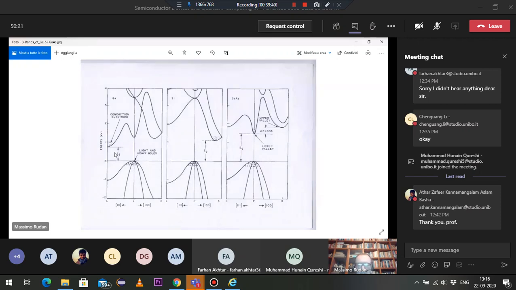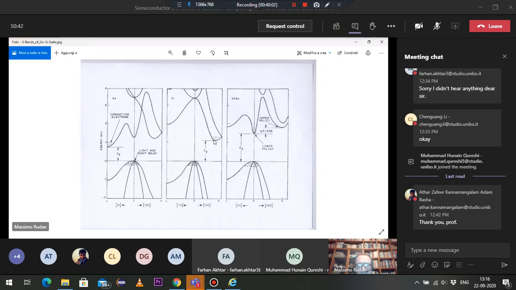Then we make another observation. If you consider silicon and germanium, you see that the maxima of the valence band are in the gamma point. So they correspond to k equal to 0.